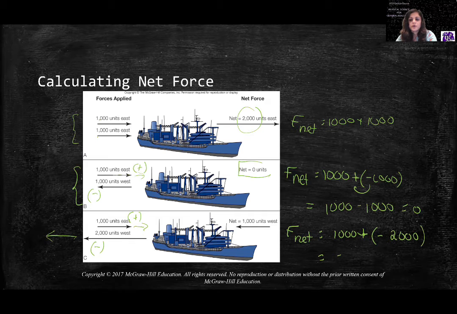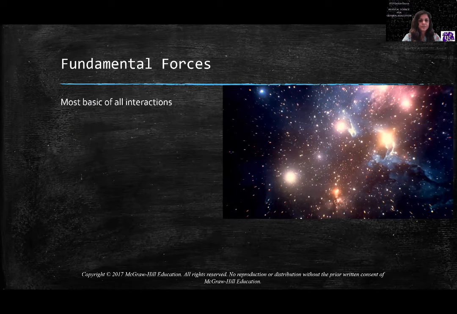So it's negative 1,000 newtons, and we have negative 1,000 units. We talked about negative being the opposite direction, so it's going to move the net force in that direction. And that's how we can calculate our net force.